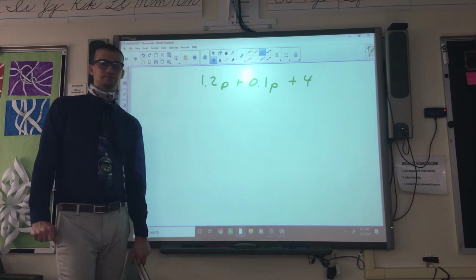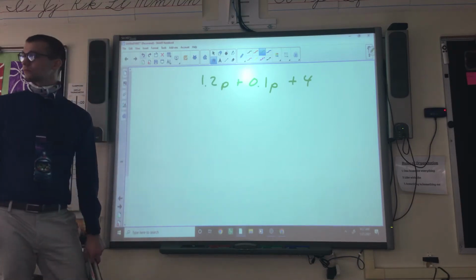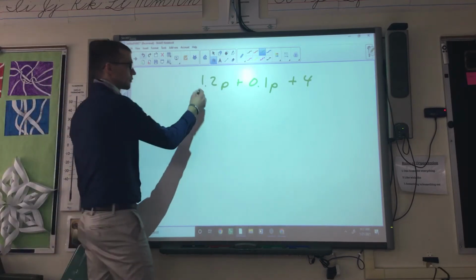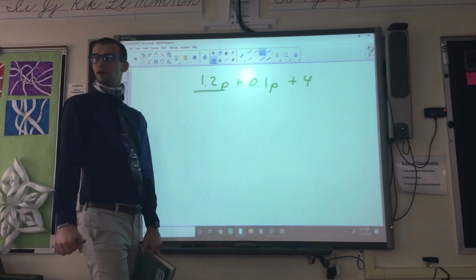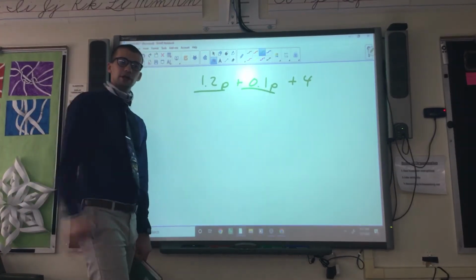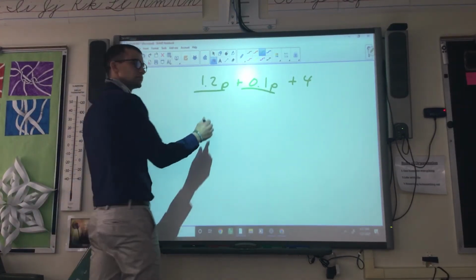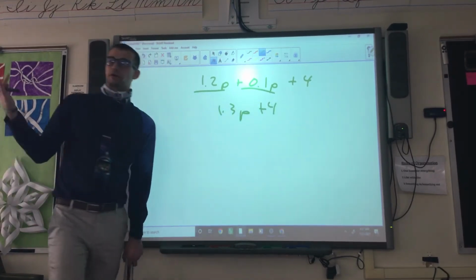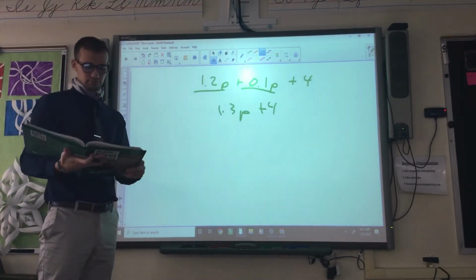What's the other option? The 1.2p and the other one that has a p in it. You add them together, you get 2.3p plus 4. That's it. Then you're done.